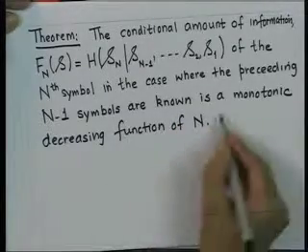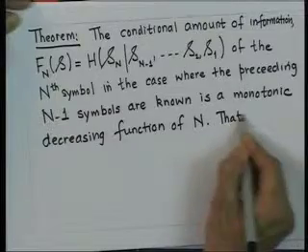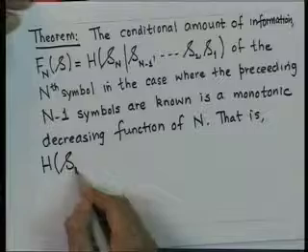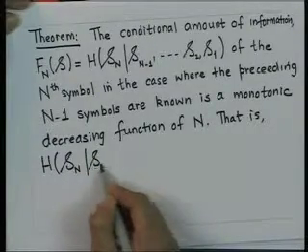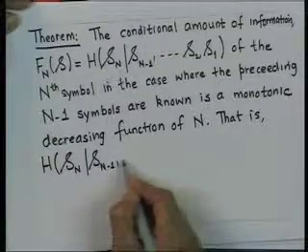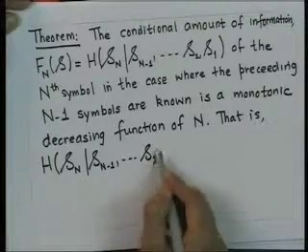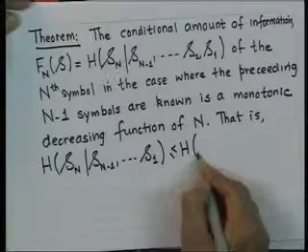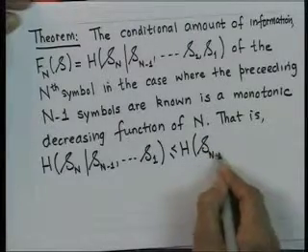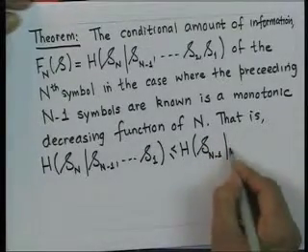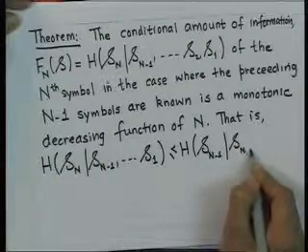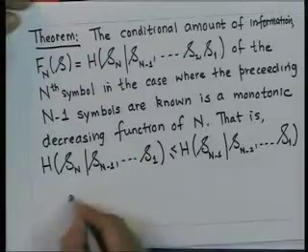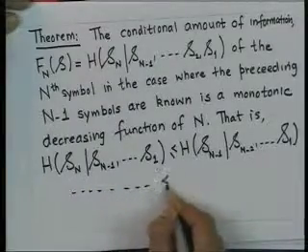What we mean by that is H of Sn given n minus 1 preceding symbols will always be less than or equal to H of Sn minus 1 given Sn minus 2 up to S1, and this way we can continue.